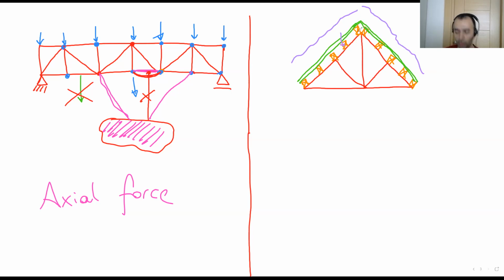You can see this is a common system, especially in timber roof systems. What is wrong here? When you look at the sketch, there's something wrong. What is it?